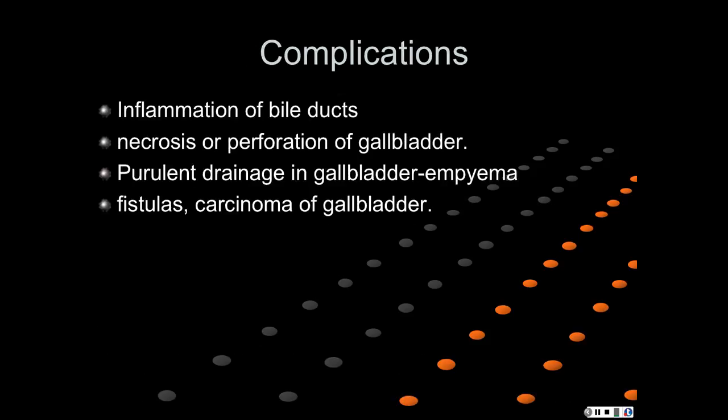Complications include inflammation of the bile ducts, necrosis, or perforation of the gallbladder. You hear sometimes that it becomes an emergency once it perforates because it's going to spill its contents into the peritoneum, causing inflammation, causing risk of infection.